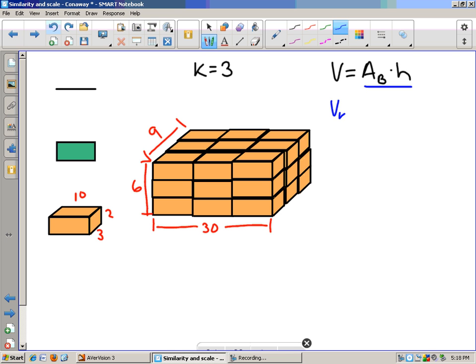So let's say the volume of K, the volume of the one that's been scaled up or scaled down, is going to have some factor affecting it times that original volume. So some number of those original volumes. And this is going to be K cubed in this case, K cubed. And I get the cube from the fact that it is 3 dimensions.